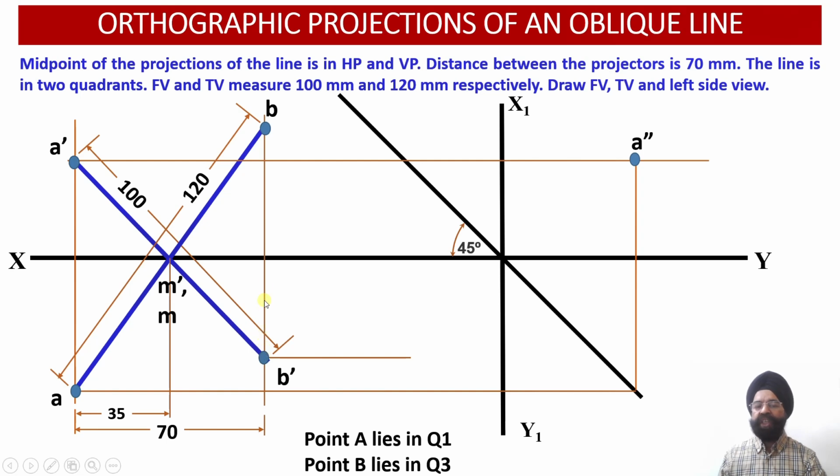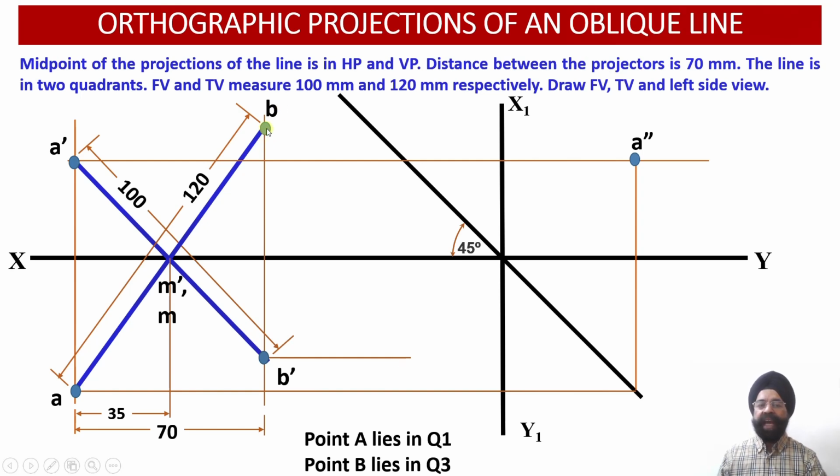So our corresponding side view projection point B double dash will also be lying at the same distance below the XY reference line. So we have marked this horizontal projection line or construction line passing through the point B dash. Onto this construction line, we are going to obtain the location of the point B double dash in the profile view projection.